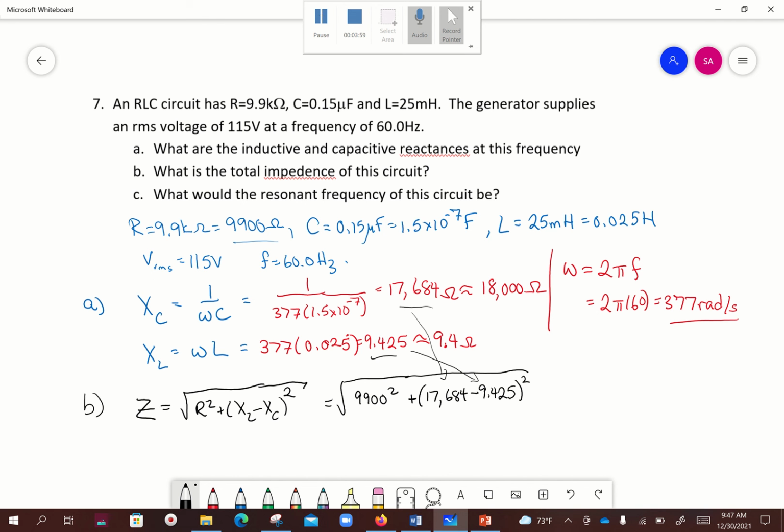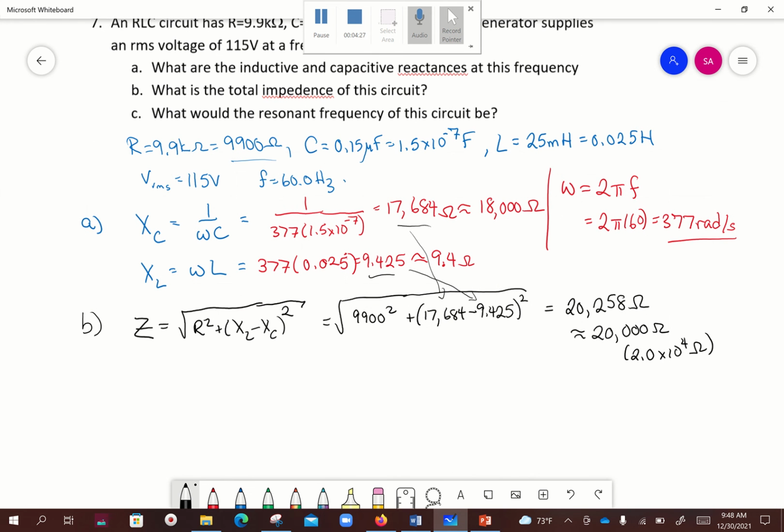All right, so when I do that, I get 20,258 ohms, and I should round that to 2 sig fig, so 20,000 ohms. So to make it actually look like it's 2 sig figs, that should be 2.0 times 10 to the 4 ohms.